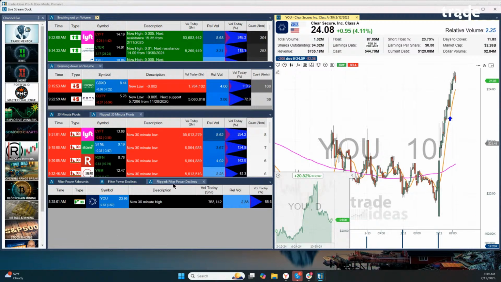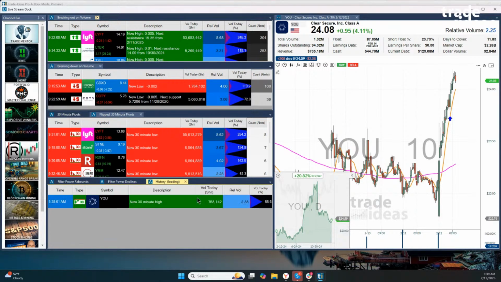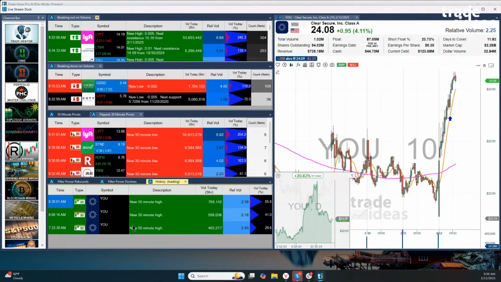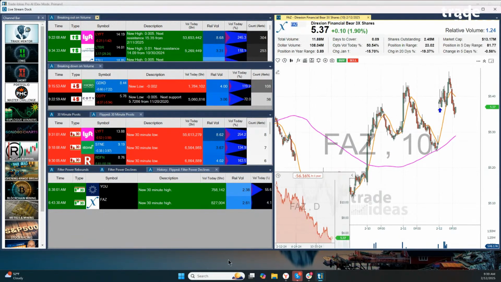So remember, flipped power declines is kind of like upside reversals. That's what you're looking for. And once again, you can test everything. Lots of this one. Sometimes, again, when it's just one stock, FAZ.